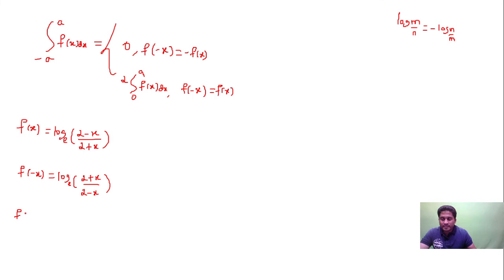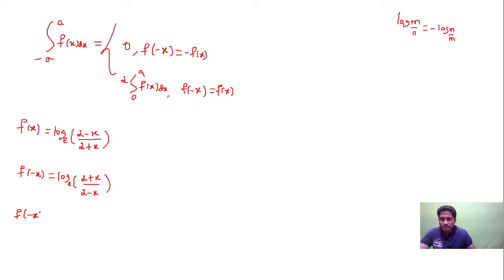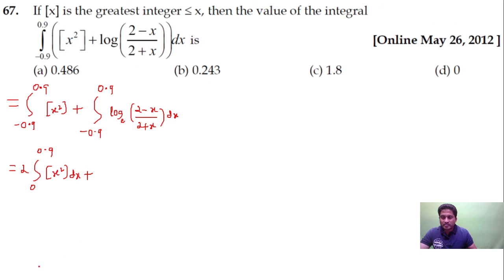Okay, so f of minus x is equal to minus log of 2 minus x upon 2 plus x. F of minus x is equal to minus f of x. So it's an odd function. If it's an odd function, obviously this is 0. Okay, so this will be 0 because it's an odd function.